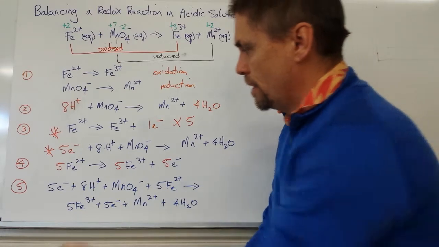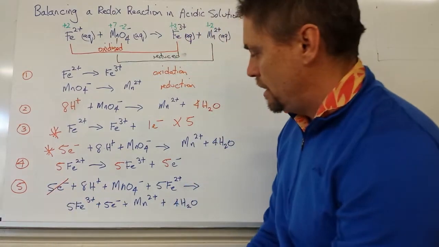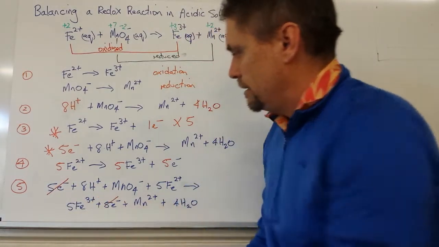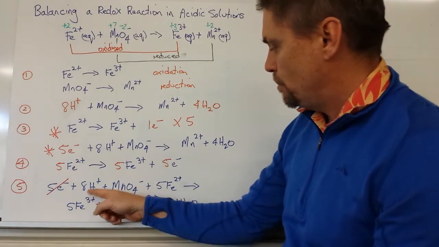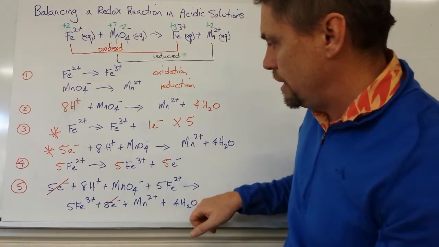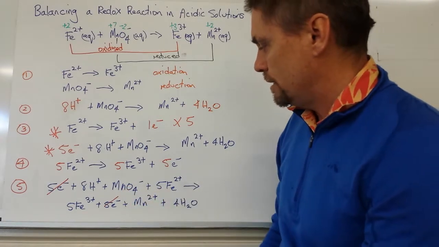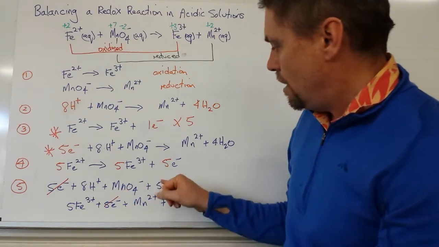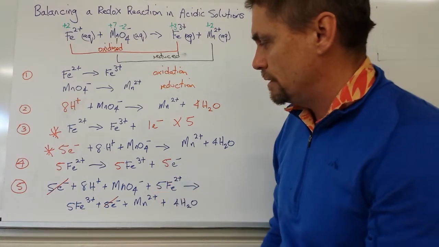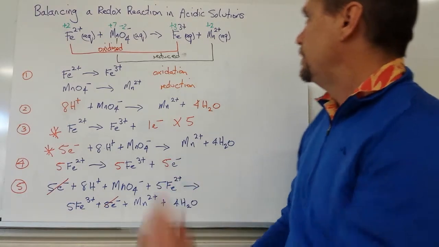So if we look through, we have 5 electrons on the left-hand side, 5 on the right-hand side. As we go through, we don't have any protons or hydrogen ions on the right-hand side, so that one stays. Our permanganate ions we don't have on the right-hand side, so that one stays. Our iron 2+ we don't have on the right-hand side, so that also stays.